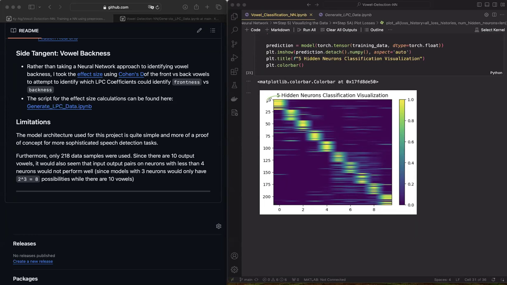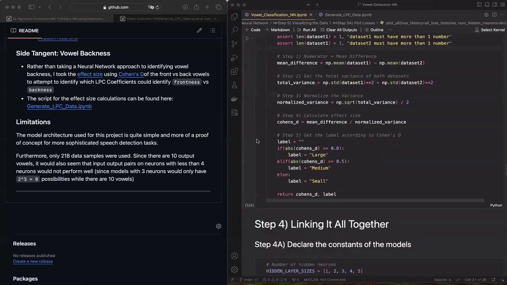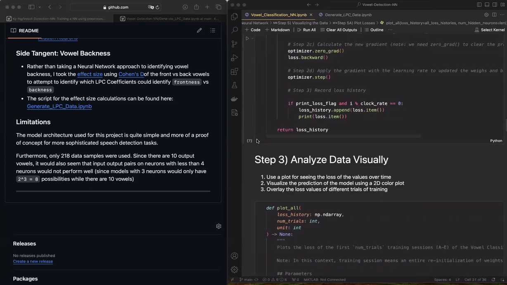So 1.0 here means that is correct. That's the difference between, or that's the loss. So this was almost 100% correct. And you can see that for most of these 5 neurons, they are mostly staying in their correct values, having yellow here. And so from here, we're able to conclude that the best way to do these LPC coefficients is to use more hidden neurons and to help convexify the issue.